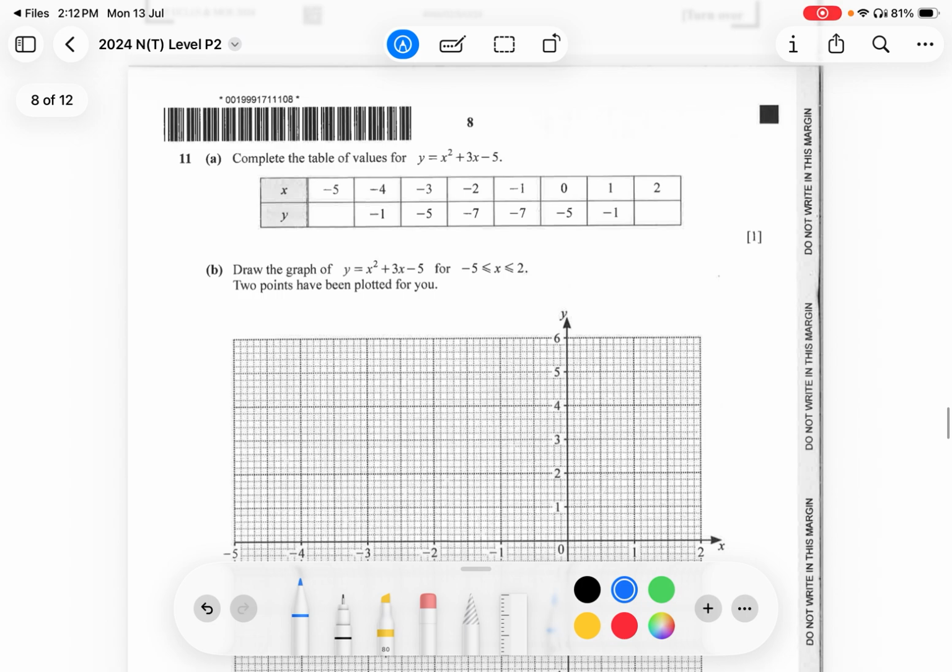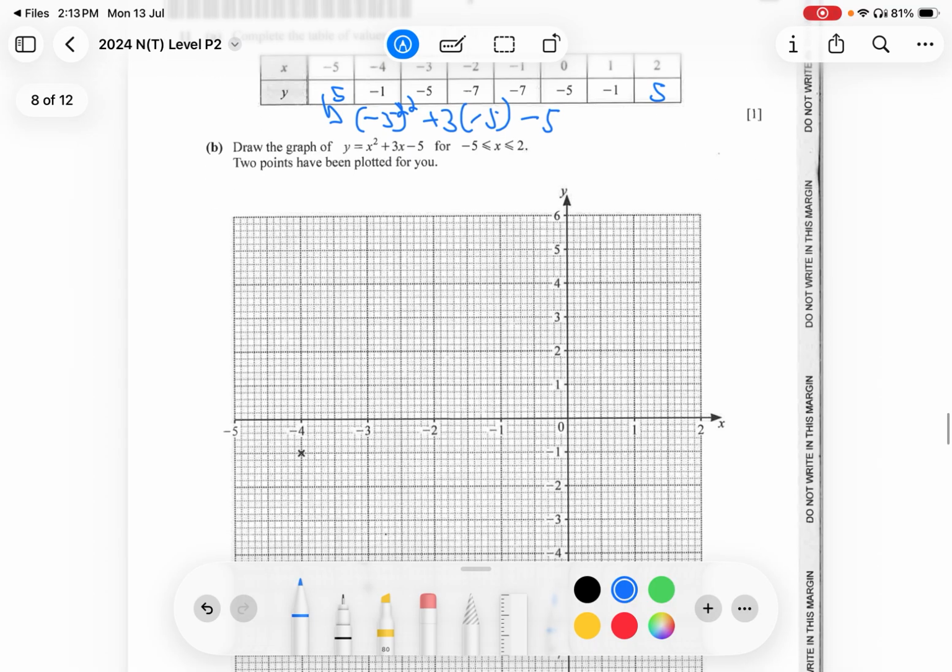So this is the graph. You can find out the y. When x is minus 5, y will be minus 5 squared plus 3 times minus 5 minus 5, so it will be 5.